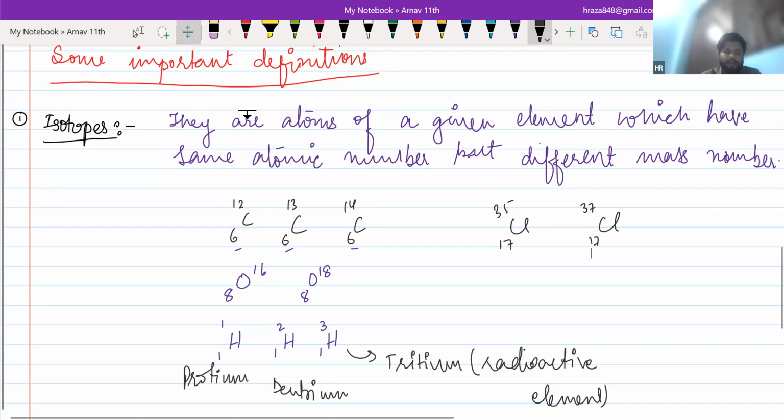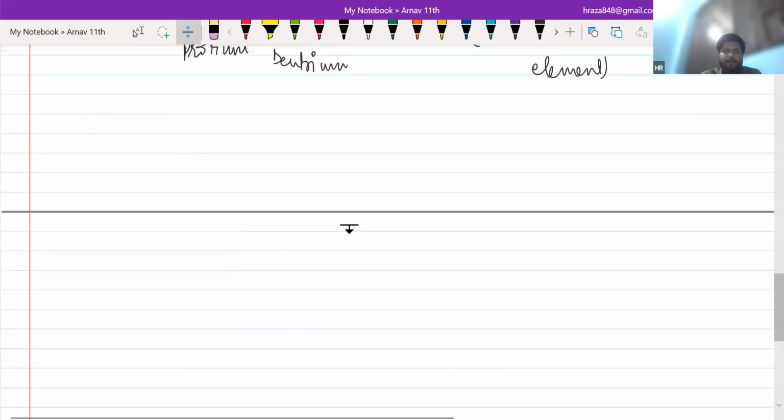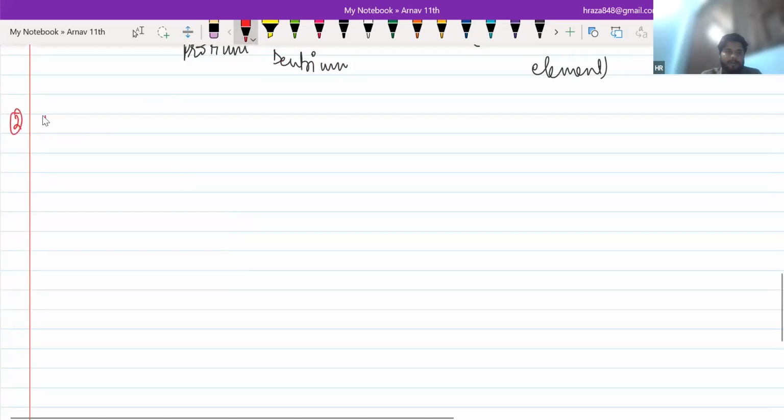Now see, another term is isobar. Same mass number but different atomic number.